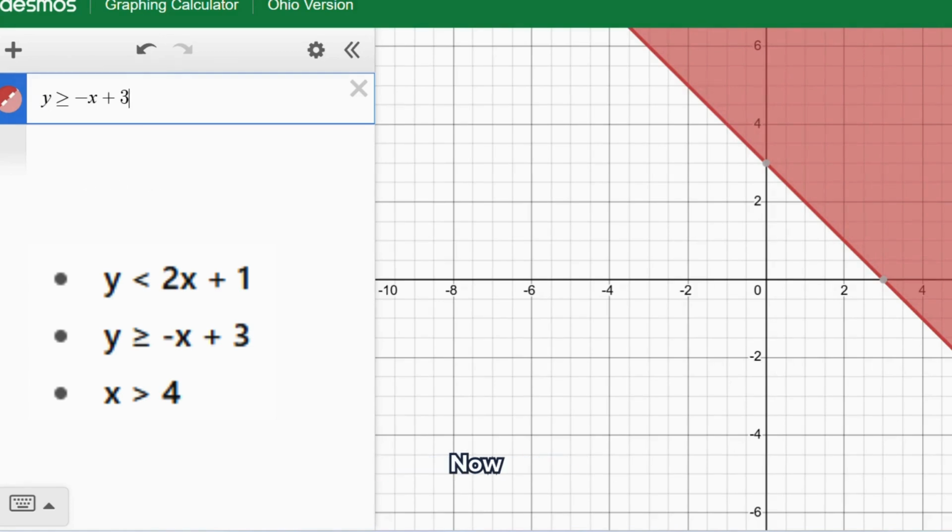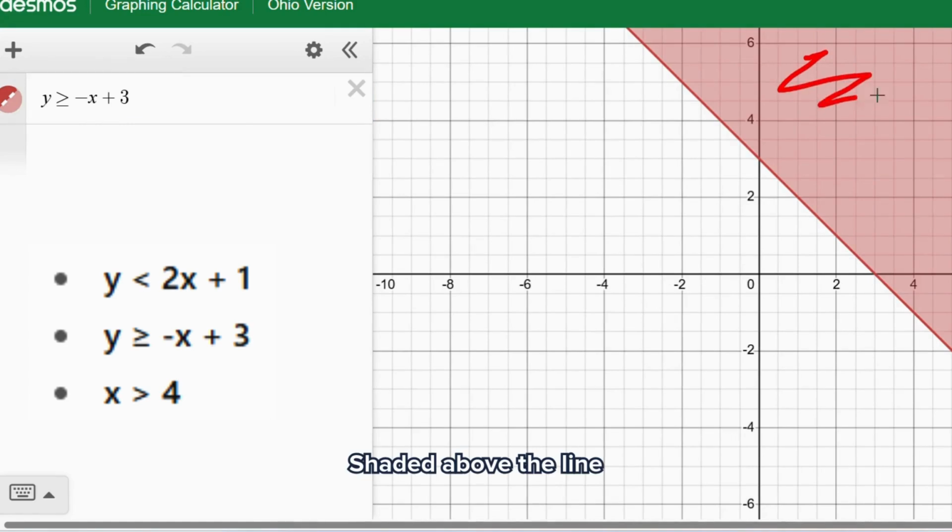Okay, now notice here that Desmos shades above the line. Okay, shaded above the line because it's greater than. Okay, and if you notice here, the line is solid.